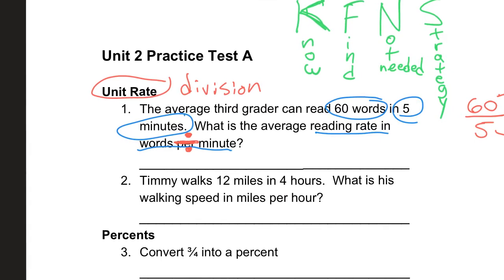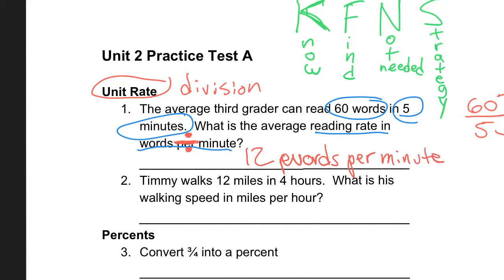That's the first step. What is it they're asking for? So I had 12 words, what? Words per minute. So I can write it out this way: words per minute.